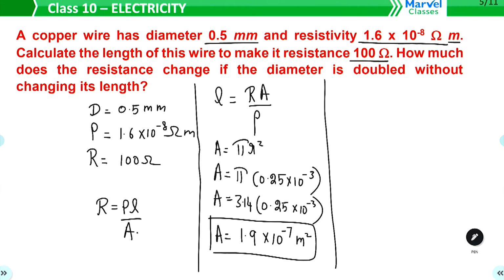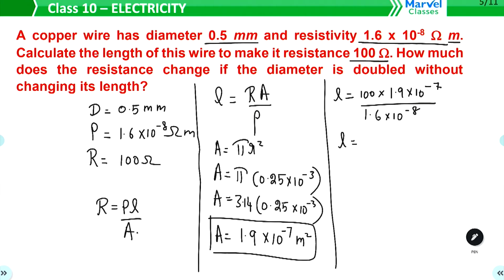So now I will plug it in. L is equal to 100 into 1.9 into 10 power minus 7 divided by the resistivity, 1.6 into 10 power minus 8. The length could be directly calculated just by multiplication and division.